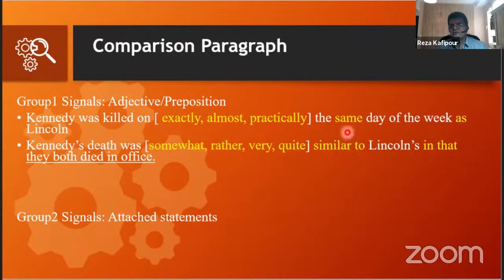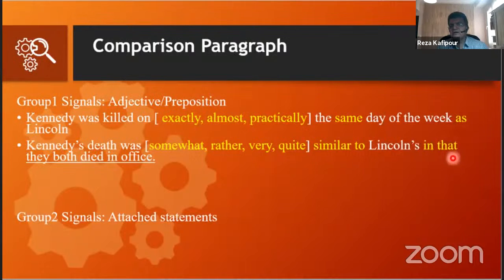So let's say using similar to in that as another structure. The same sentence shown by the first structure can be shown in the second structure in this way. Kennedy's death was somewhat similar to Lincoln's in that.